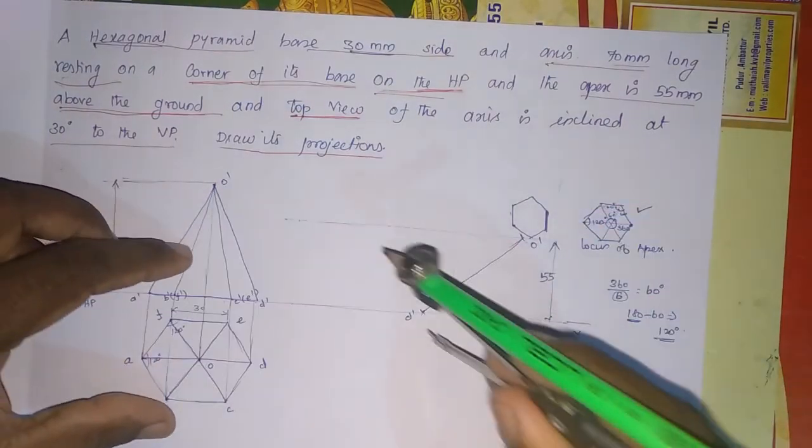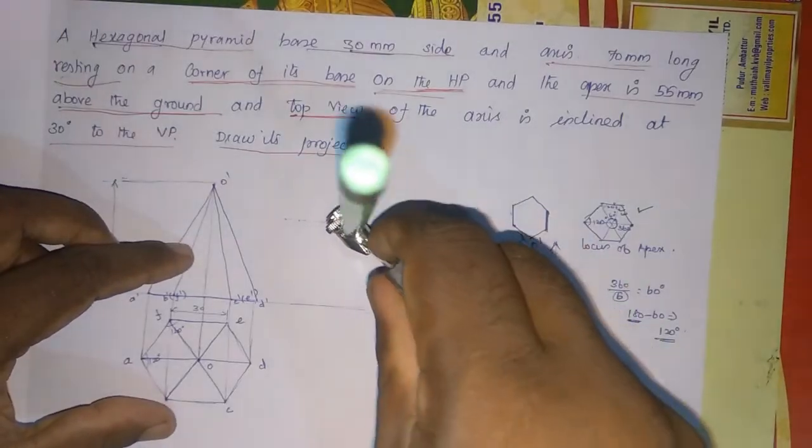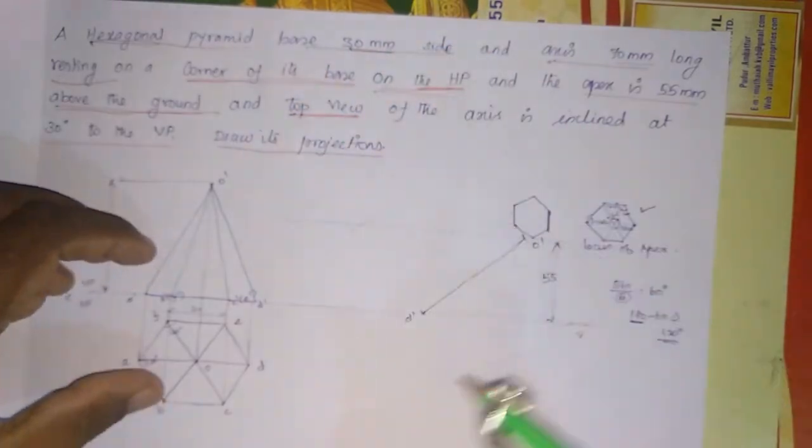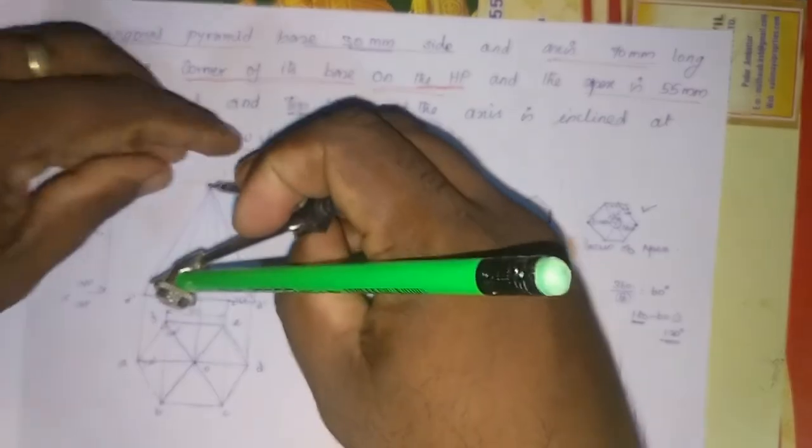Then we take the remaining points using the compass. Using this, make an arc. Similarly from here.